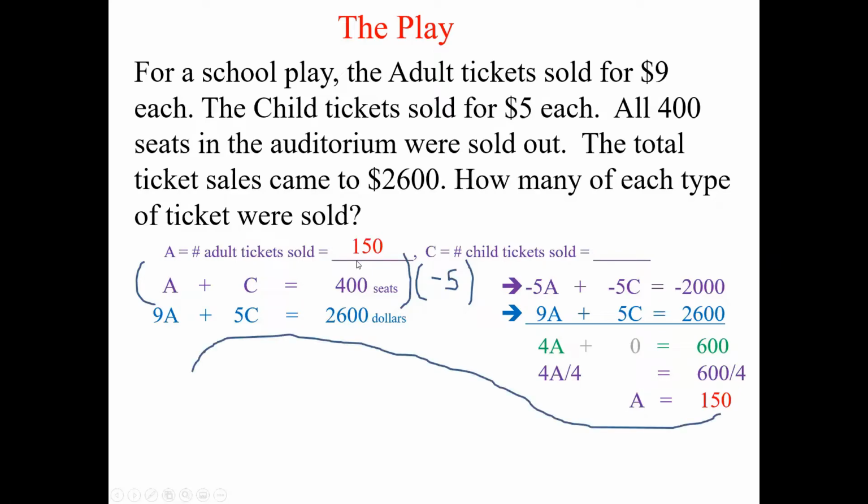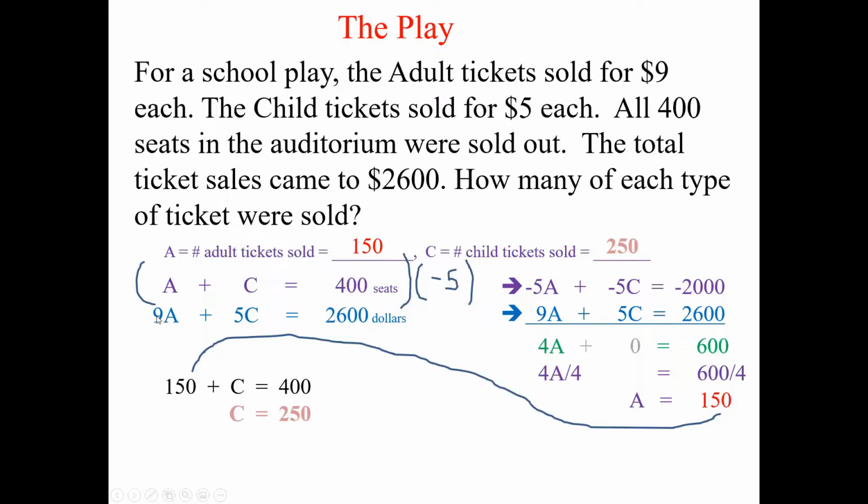Then we substituted that 150 into my first equation and got 250 children's seats. Now, I'm reviewing that because I want you to notice how these equations were set up. We have adult seats plus child seats equals 400 seats.